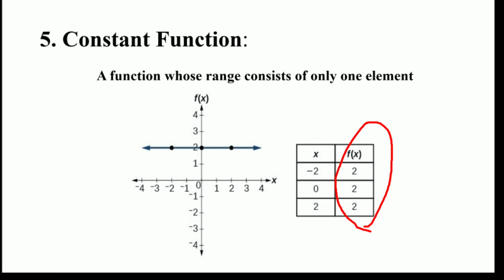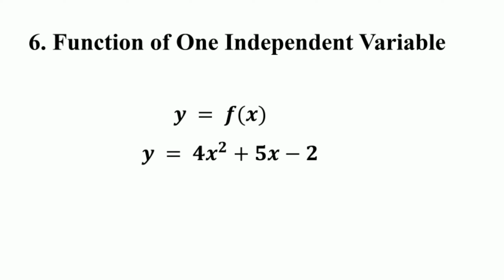If we draw the graph with the value of x on the x-axis and the value of y on the y-axis, plot the points and then join them to obtain the graph, then the graph of a constant function will be a straight line parallel to the x-axis, as shown here.